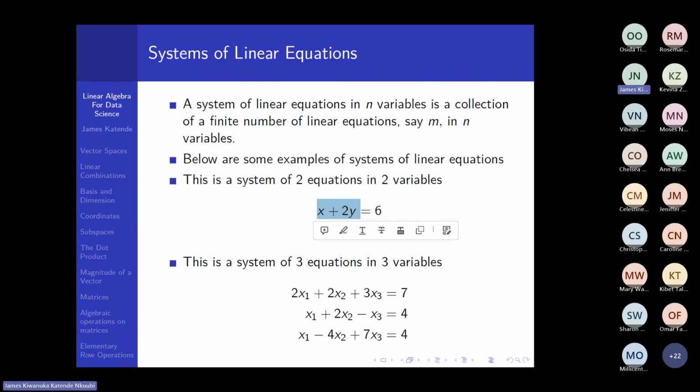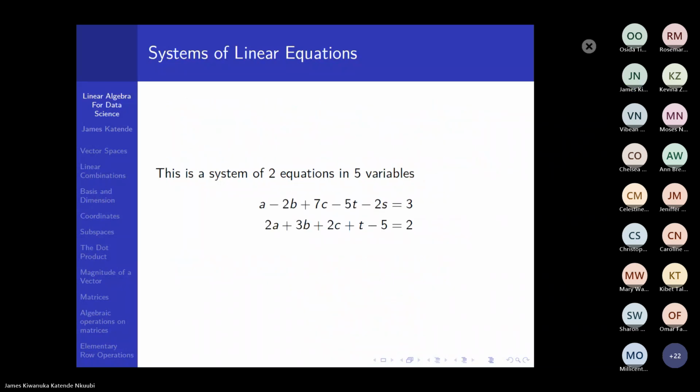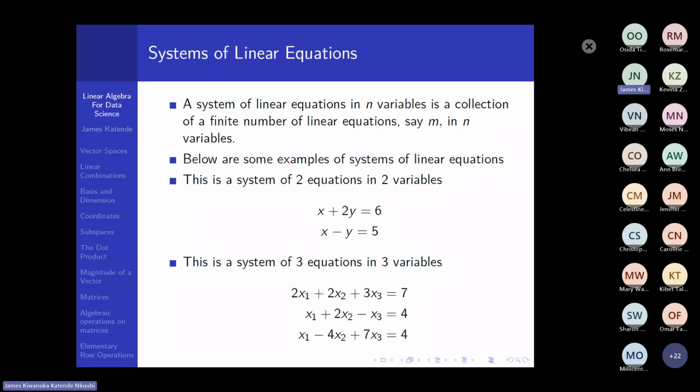The other reason you use the subscript is to keep track of the variables when performing operations on the system or mathematical analysis. But most of the time, when you have just a few variables, you don't have to use this subscript notation.